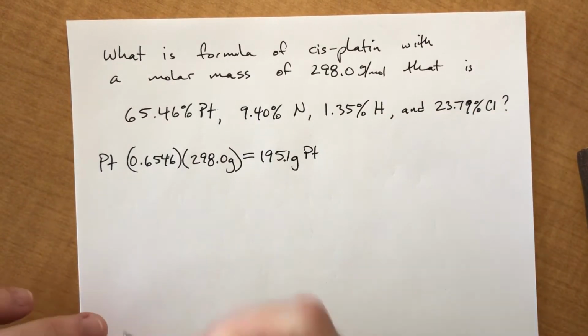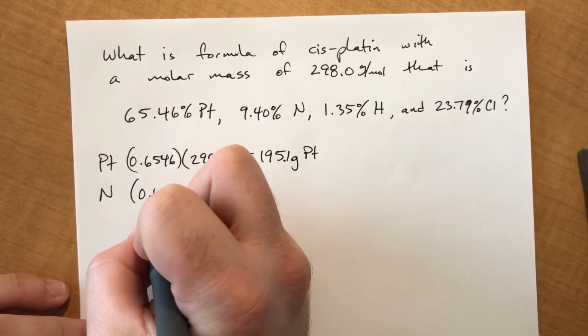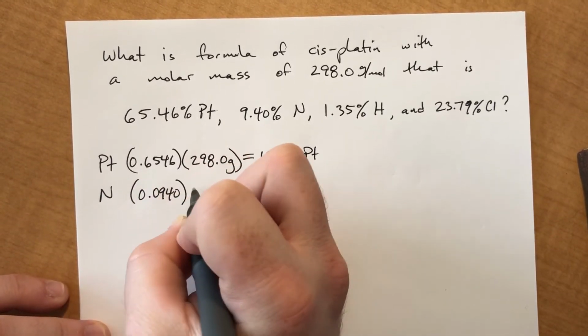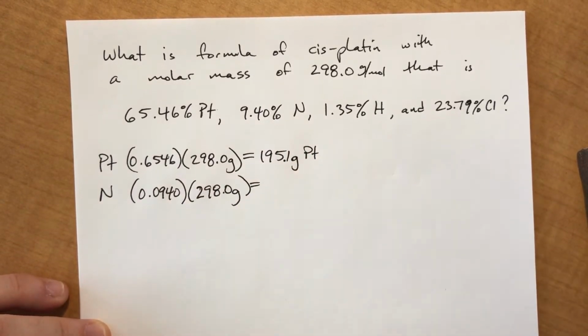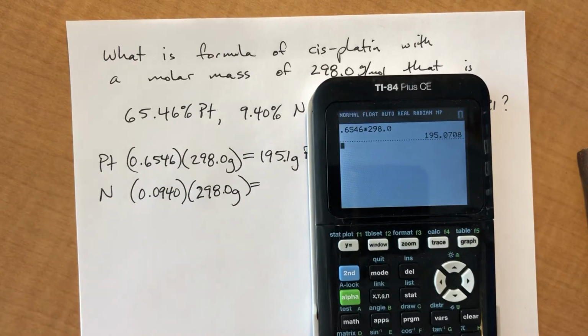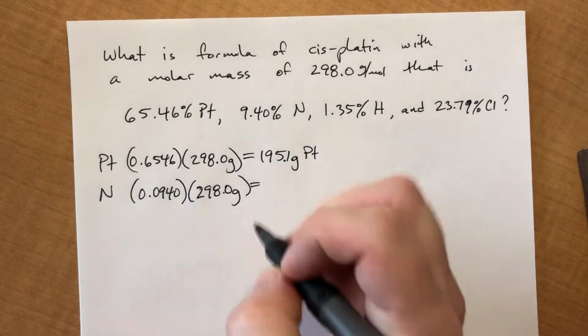Now we do the same thing for nitrogen. This is 0.0940 times 298.0, and I got 28.0. Oh wait, yeah, 3 sig figs, 28.0.